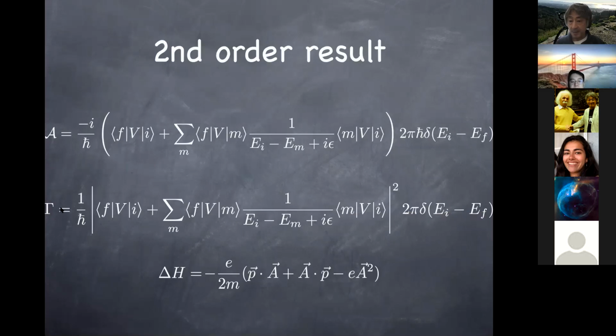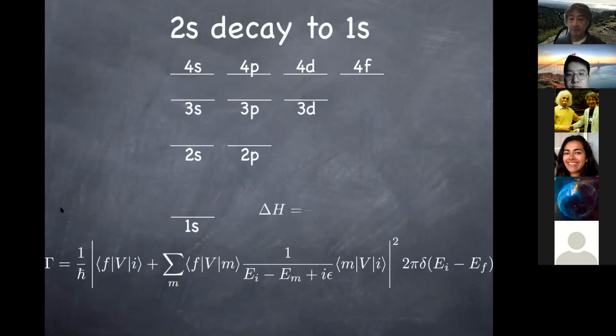Looking at the rate means you are looking at the probability per unit time. You never get that kind of expression if you hadn't thought about time dependence in the process. Does that make sense? Yeah, okay. Any further questions? Trying to get back to where we were.